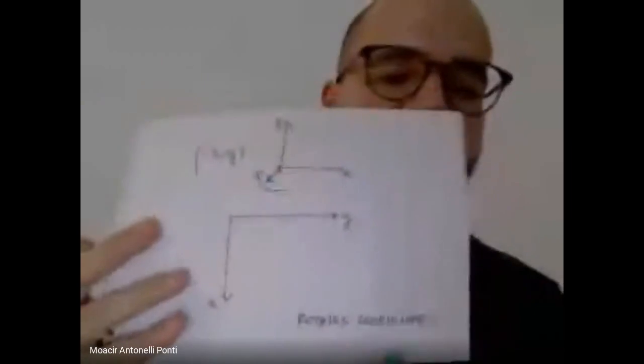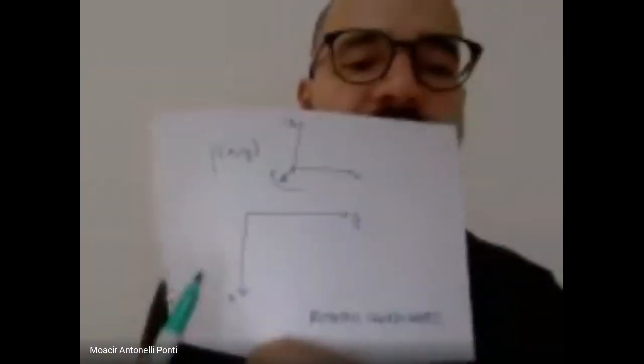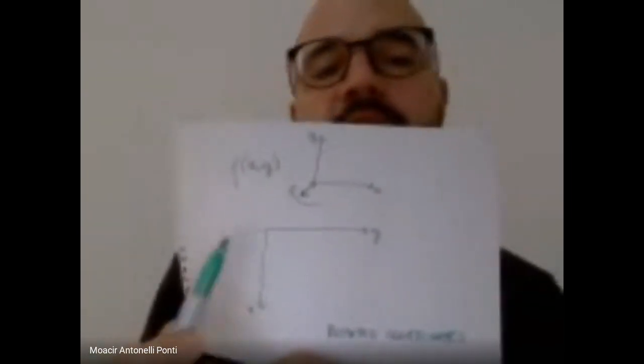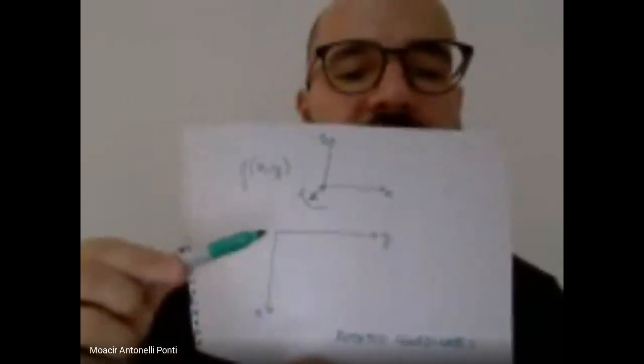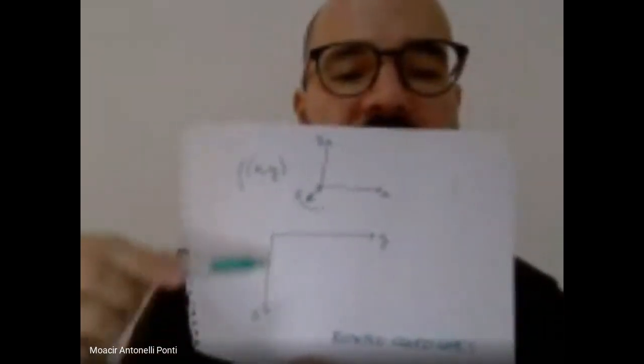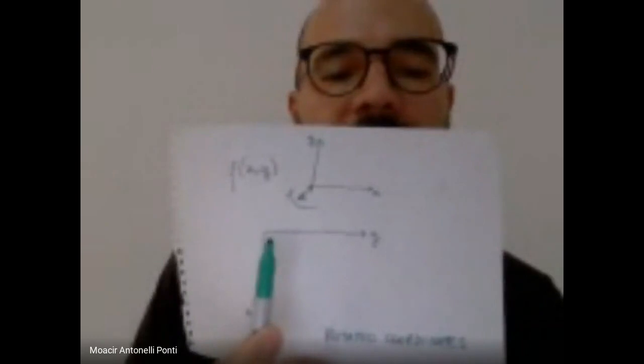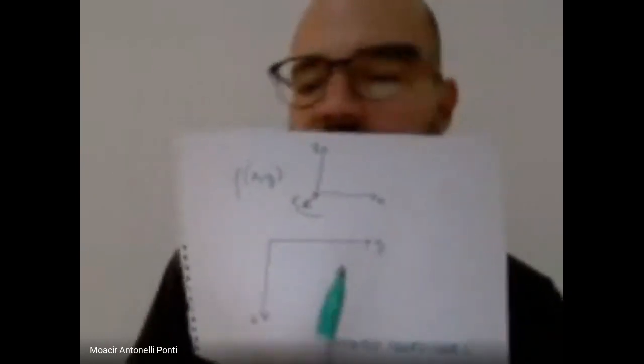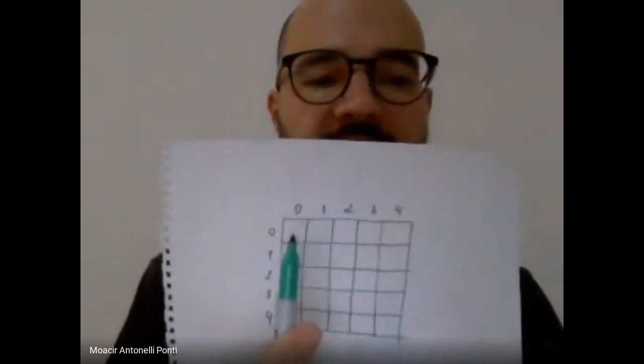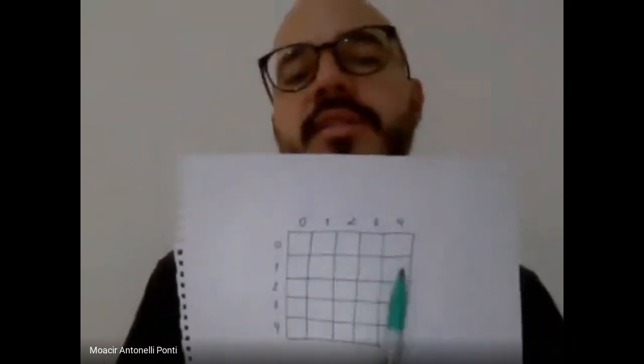This is what we call the rotated coordinates. So in fact, what we often have is the x in this direction and the y coordinate in this direction. This makes it easier for us to model the image as a matrix, like this one, which is a discrete grid of coordinates.